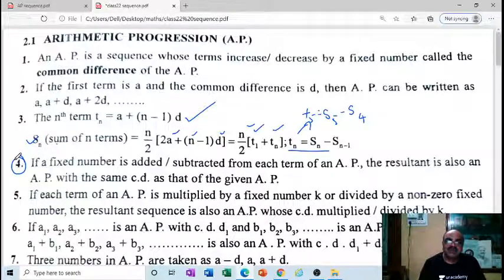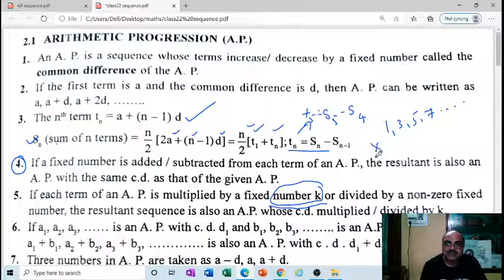If each term of an AP is multiplied by a fixed number called K, the result is again an AP. There is a series, let me say 1, 3, 5, 7.